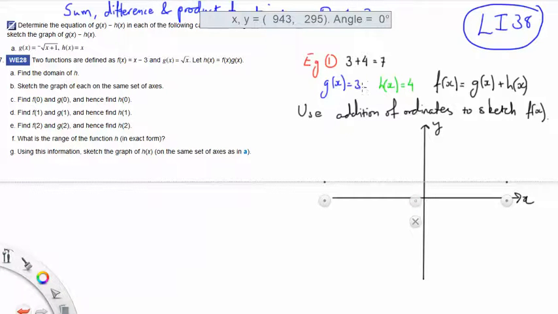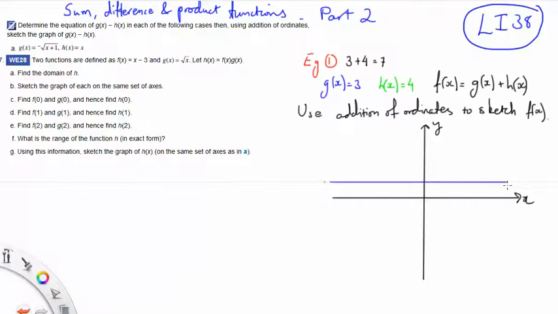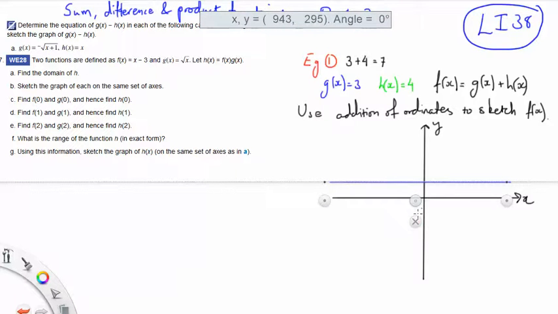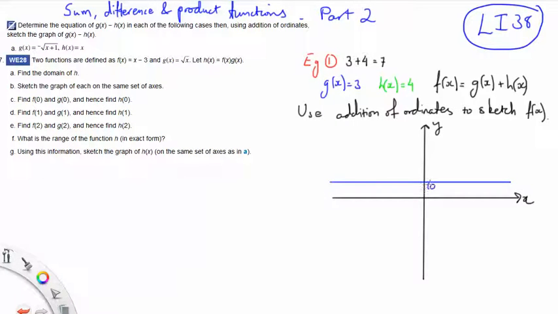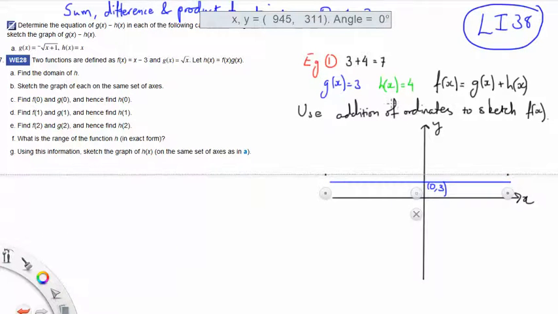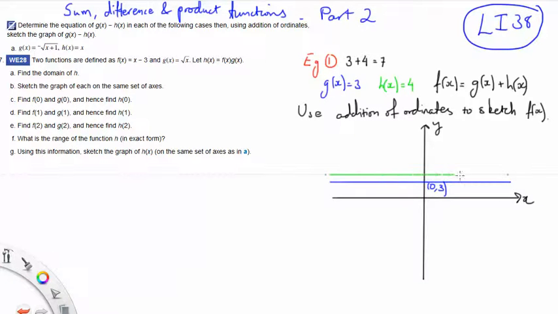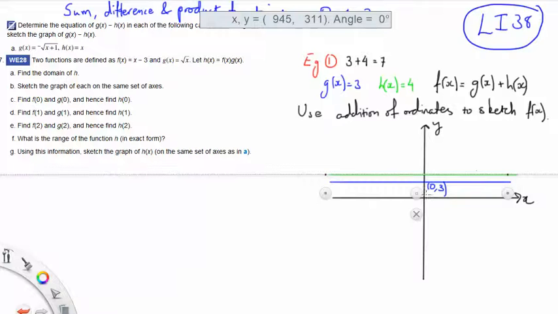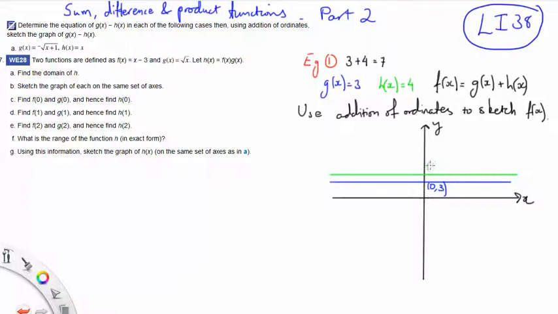So y equals 3 is a horizontal line that goes through the y-axis there. So we have 0, 3 like that. And let's sketch another graph, which is h of x, the graph of y equals 4, a horizontal line which goes through the y-axis at 4, so that's 0, 4.